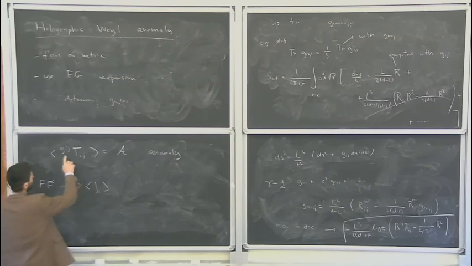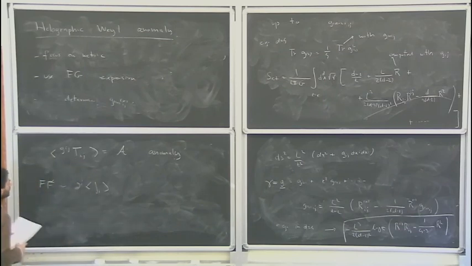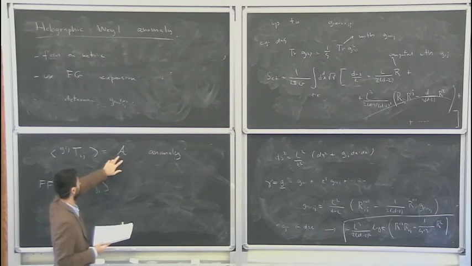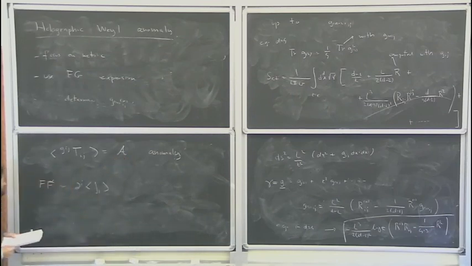And similarly here, in this non-conservation, the Weyl anomaly, the conformal anomaly, will be expressed in terms of some background, but the background here in general will contain the metric itself.